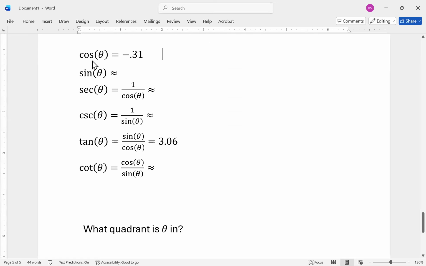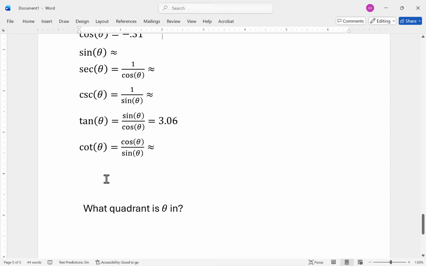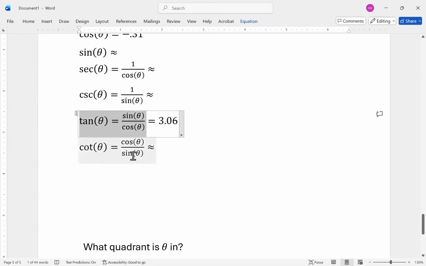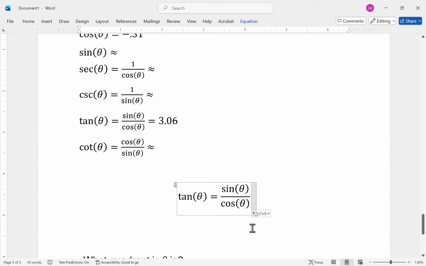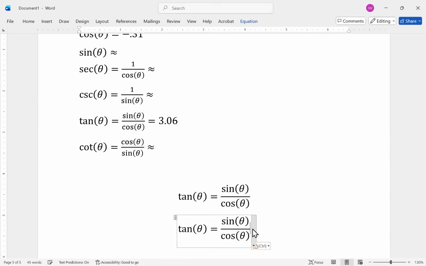All right, in this case, we were given the cosine of theta as negative 0.31 and the tangent of theta as 3.06. Now, in order to find the sine, I would use this relationship of tangent. So tangent of theta is equal to sine of theta divided by cosine of theta.